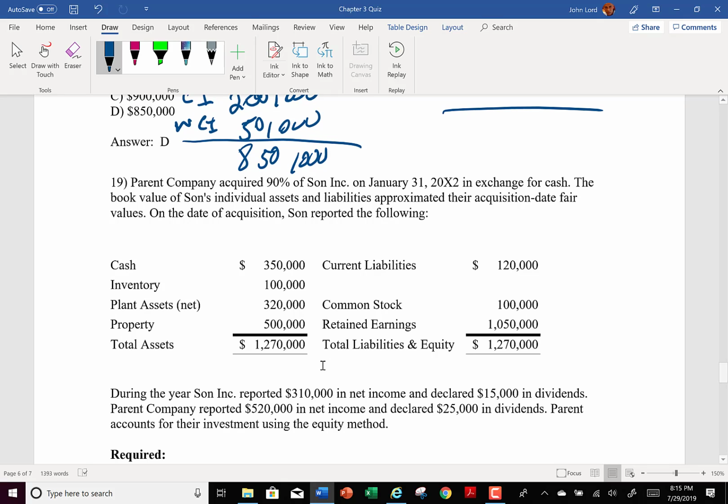Number 19 is going to be kind of like the full-blown problem. When I tried to create a full-blown problem on your midterm, I realized that iLearn does not have the power to do journal entries and correct them, so I had to do something else.